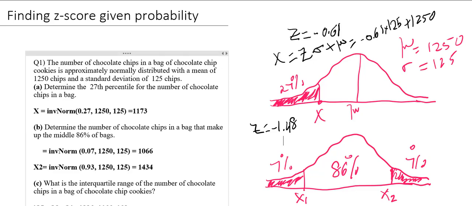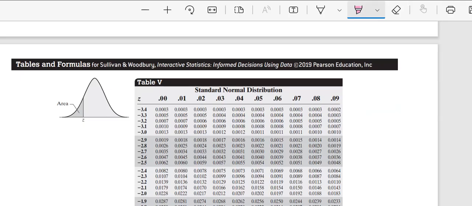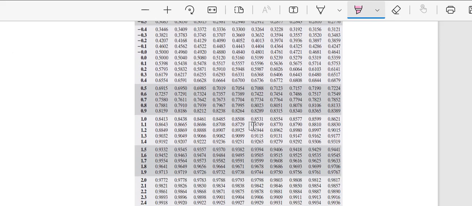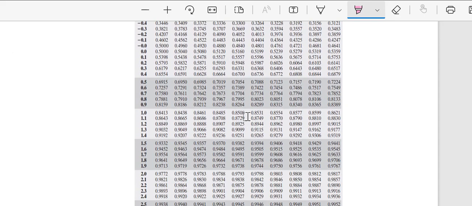Okay, and let me show you how to look up this area, which is 0.93. Okay, you need to scroll down. 0.93. The closest to 93, guys, it's going to be this. 1.48. So the other one was negative 1.48. This one will be 1.48.